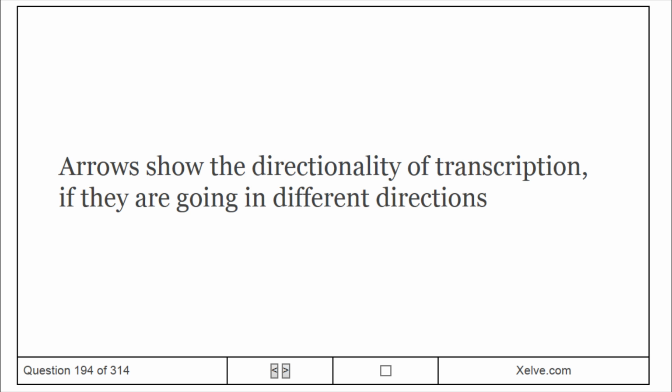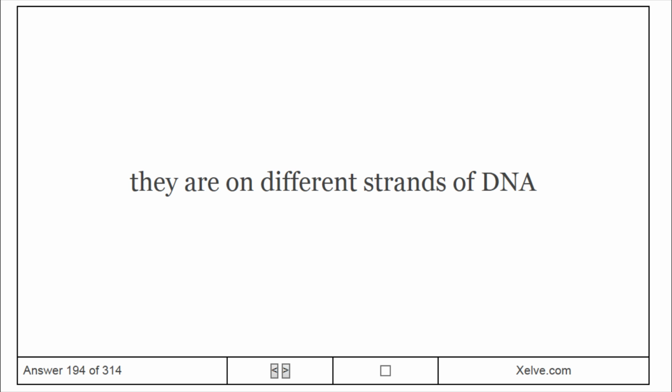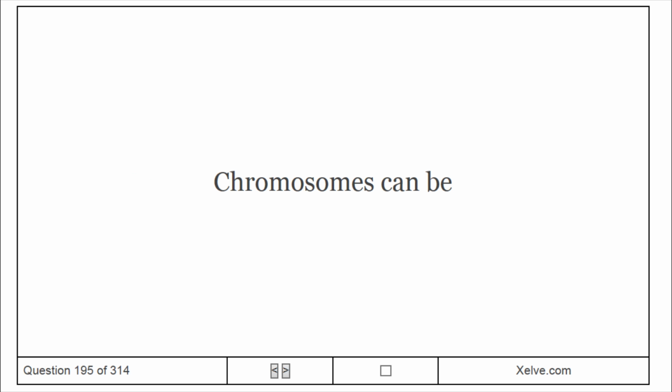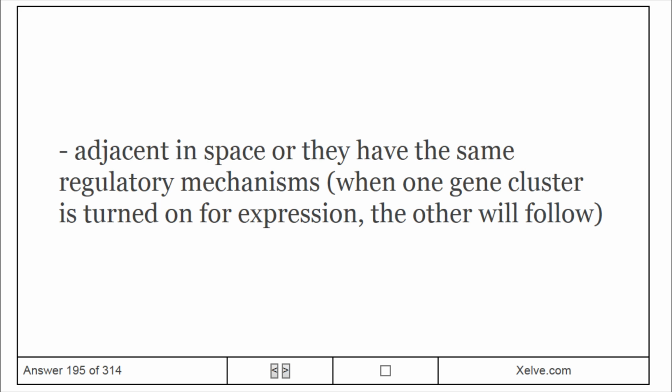If they are going in different directions, they are on different strands of DNA. Genes can be adjacent in space, or they have the same regulatory mechanisms.